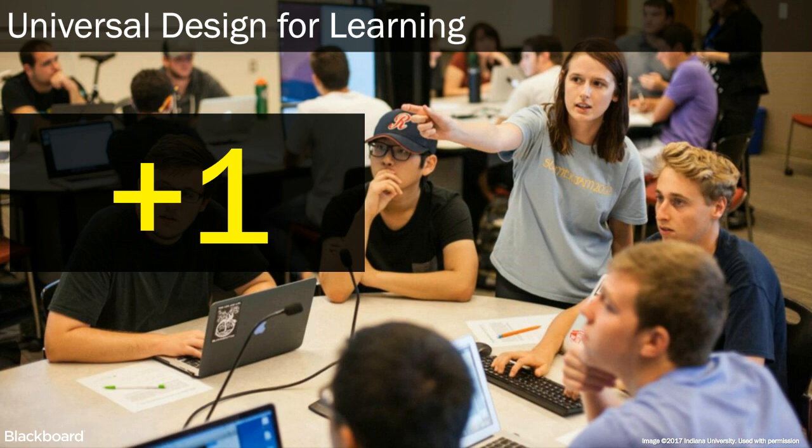Think about it. If there is a way for you to interact with learners now, and this is not just course instructors, this is the folks in the registrar's office, financial aid, if there's a way that you interact with your students, just make one more way for that to happen.